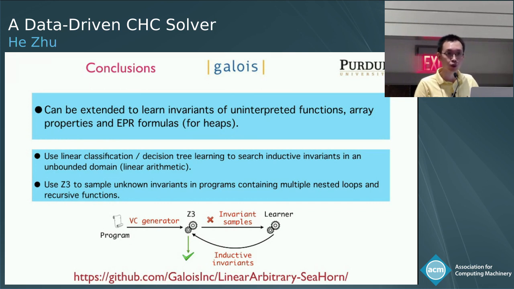But we tested our tool on a number of SV-COMP benchmarks, and each benchmark there may contain dozens of variables. The tool is able to handle that. Actually I mean the number of variables in a single predicate instead of the entire expression, because here each predicate seems to have only two or fewer variables. In our experience, a large number of the benchmarks indeed require more than two variables. Okay, thanks.